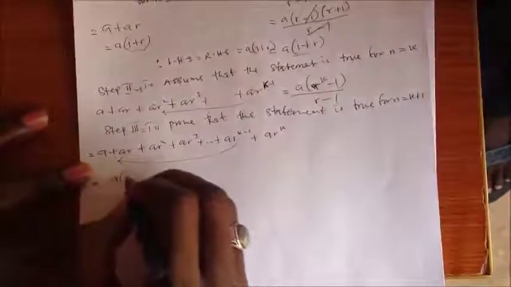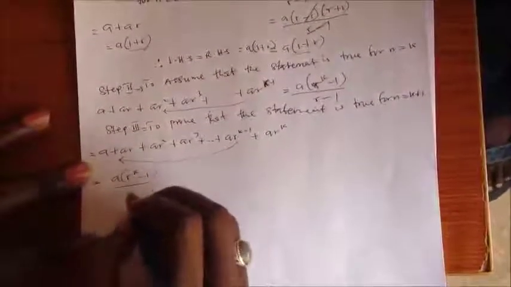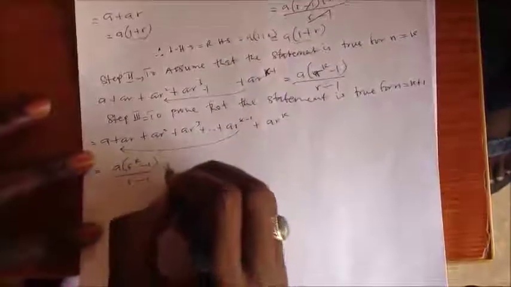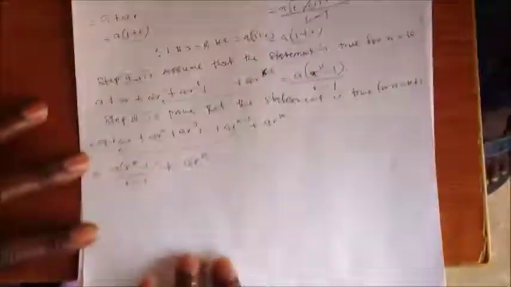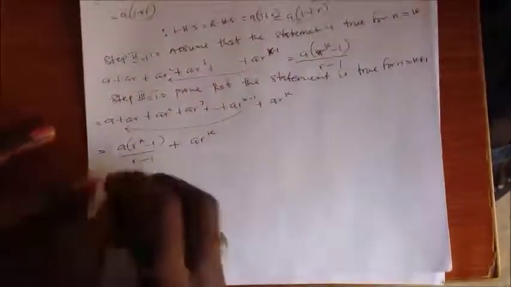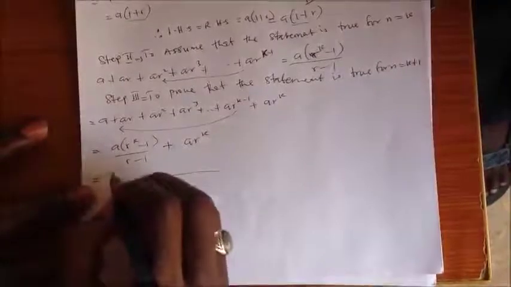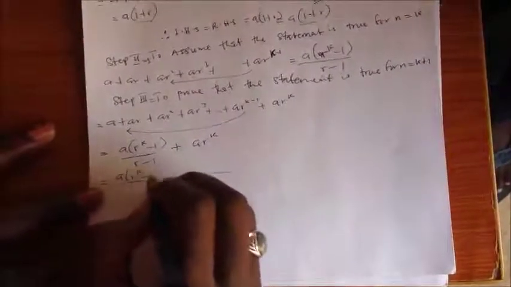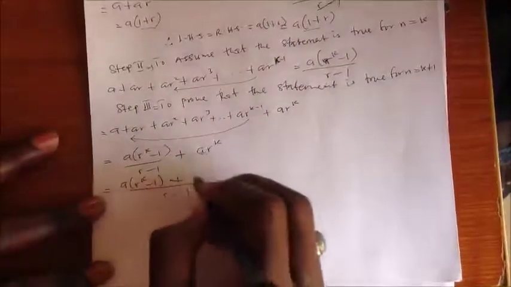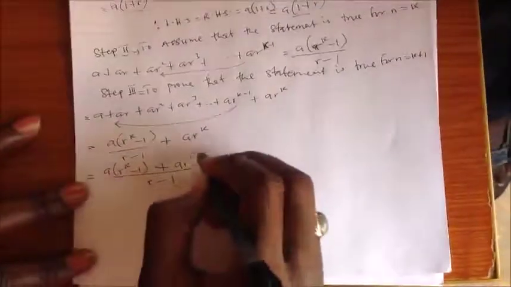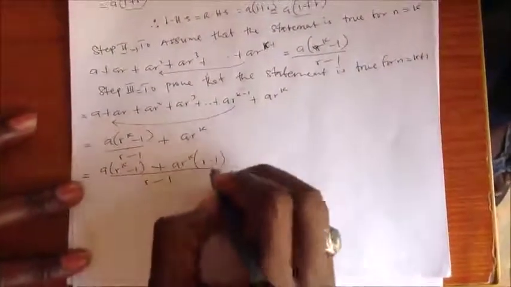Now this will be equal to a into r to the power k minus 1 all over r minus 1, then plus ar to the power k. Now look, this is our next term. Then we take the LCM. We have r minus 1, and here it should be a into r to the power k minus 1 plus ar to the power k into r minus 1.